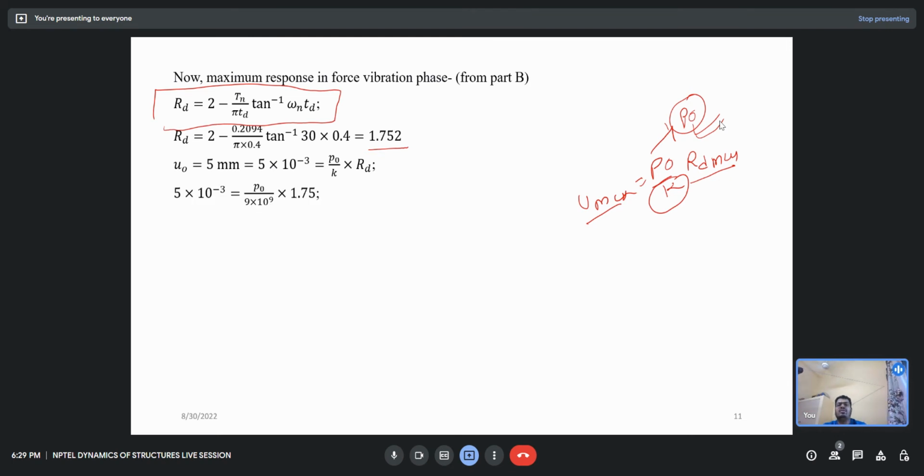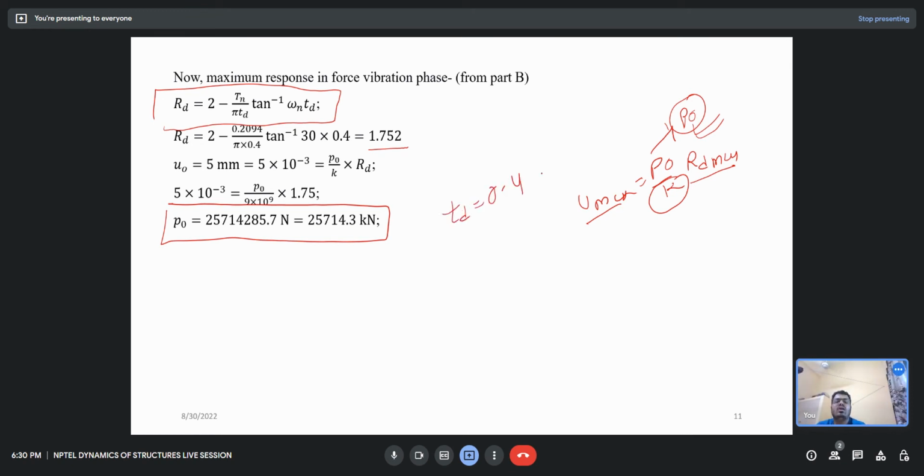My K value is 9 × 10^9 and Rd value is 1.75. If I solve this equation, I find P naught as 25,714.3 kilonewton. So this is the P naught value for my case 1, when Td is given as 0.4.